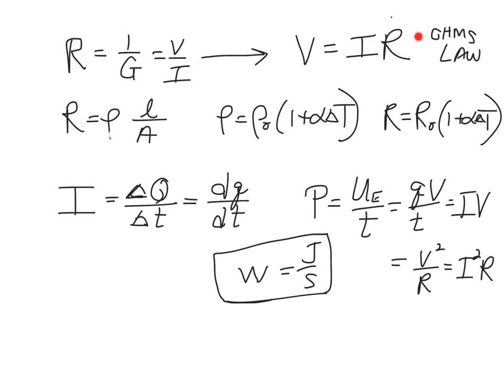But if we use Ohm's law, and we want to substitute out the current as being V over R, then we would get that the power is V squared over R, or I squared R, simply by substituting out. So these aren't 3 different equations. They're just variations of the same equation using Ohm's law. So this, you'll find all this on your equation sheet. This is the equations you need to do this week's assignment. You're ready to go.